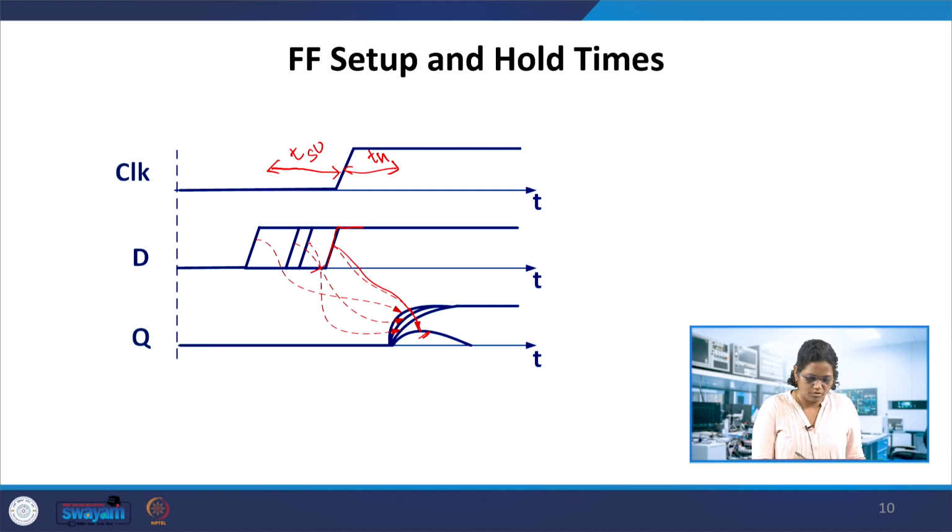Further away, the next one shows a better output, and if the change is further away from the clock edge, the third one is a better output, and the fourth one is still better. So if the data changes before the setup time, away from the clock edge, it gives better and better output. So the data should be stable in the setup time duration. Similarly, the hold time is also seen that way.